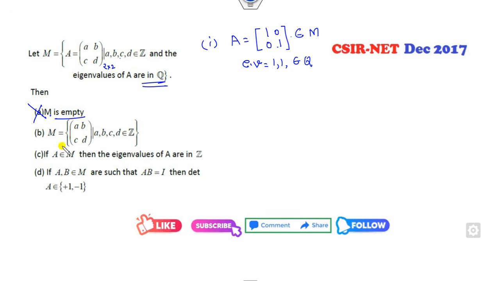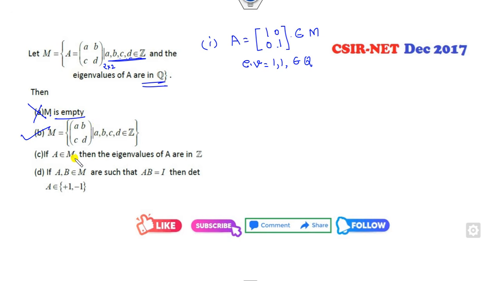Fine. Second option, M is the collection of all those elements a, b, c, d such that a, b, c, d are in Z. All the elements are in Z. Is it always? Yes, it is already given that M is the collection of all those elements such that a, b, c, d are in Z. So yes, that's true.